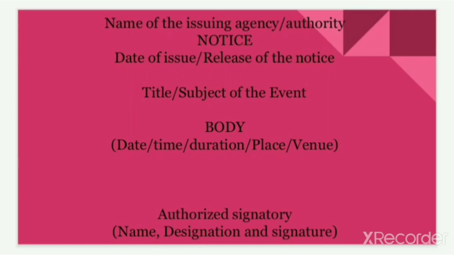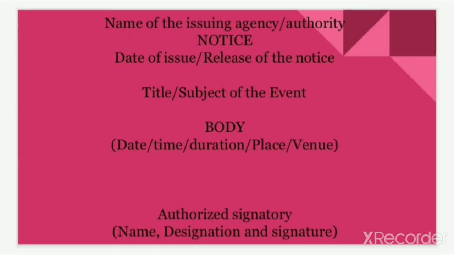Children, see here. First, we have to write in a notice the name of the issuing agency or authority. After that, the date of issue, the release of the notice. Afterward, the title, the subject of the event. After that, the body. It means we have to write in the body what the matter is.